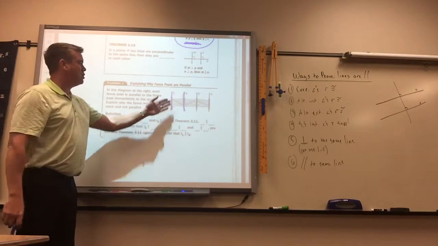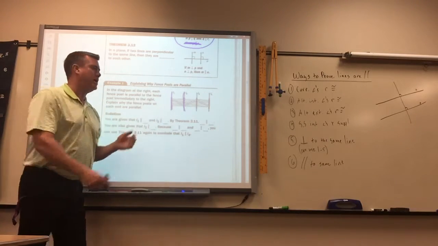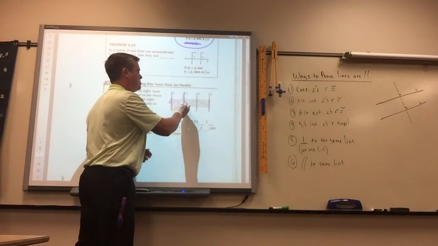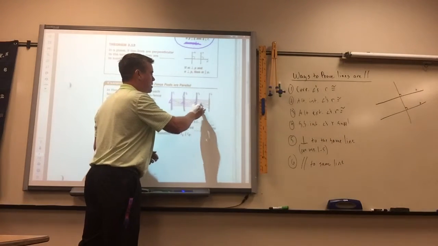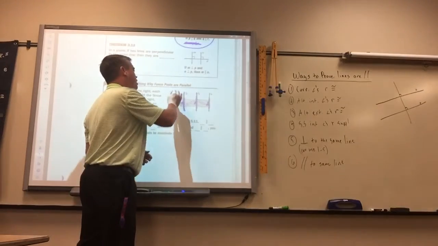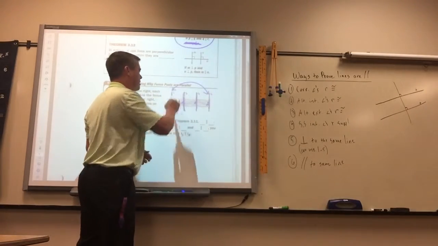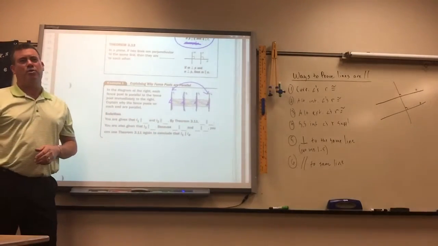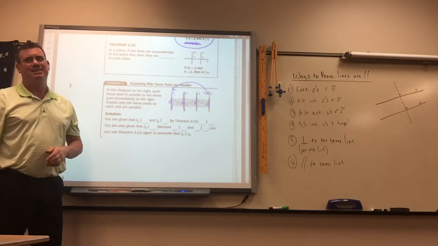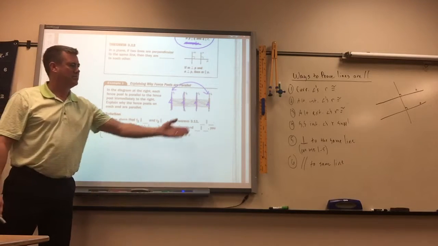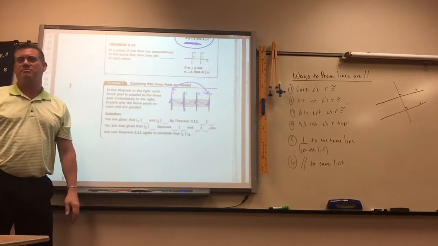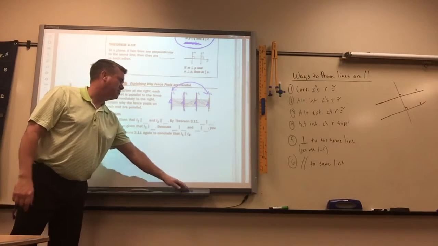So you know then, since they're both straight up and down, they are parallel. And then they make this one parallel and this one parallel. Well, how do you know then that line 1 and line 4 are parallel? Because they're parallel to the same lines. Would be reason 6. Okay?